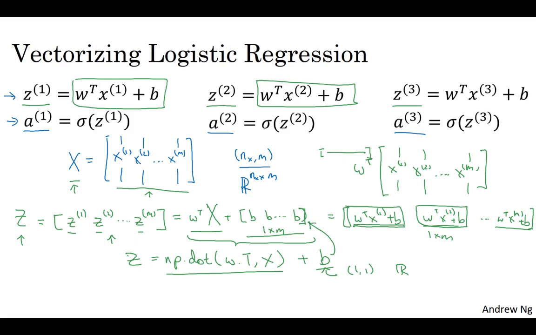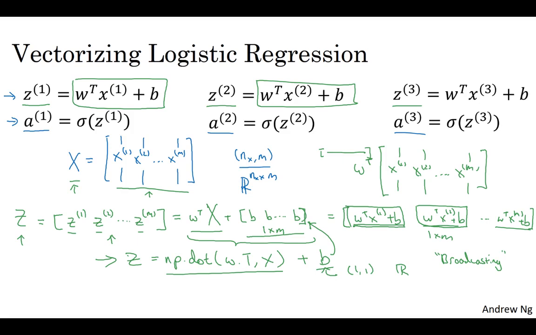So in case this operation seems a little bit mysterious, this is called broadcasting in Python, and you don't have to worry about it for now. We'll talk about it some more in the next video. But the takeaway is that with just one line of code, with this line of code, you can calculate capital Z, and capital Z is going to be a 1 by m matrix that contains all of the lowercase z's, lowercase z1 through lowercase zm. So that was Z.